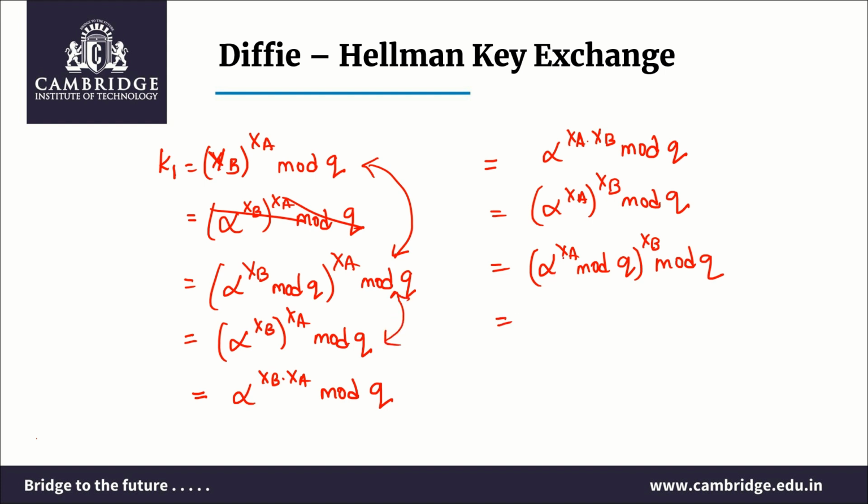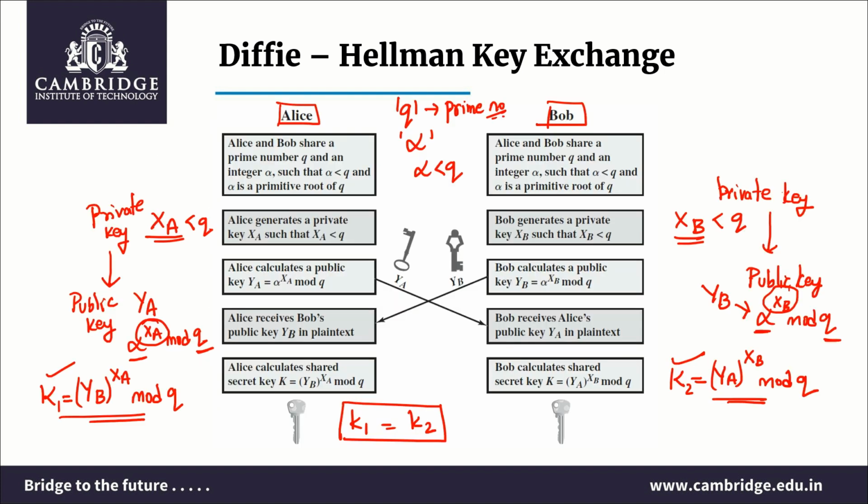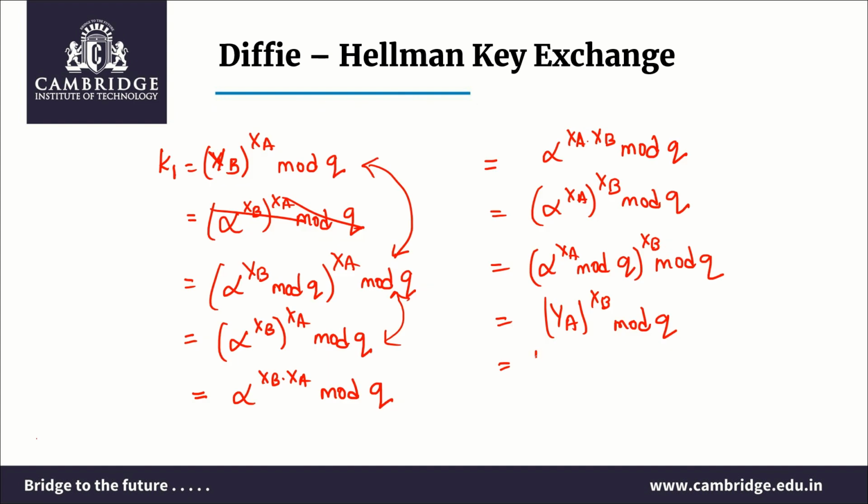So now, what is alpha power XA mod q? It is nothing but YA. So it is YA power XB mod q, and you have seen that YA power XB mod q is nothing but K2, right? So from K1 I am able to derive K2, which means that K1 and K2 are equal.